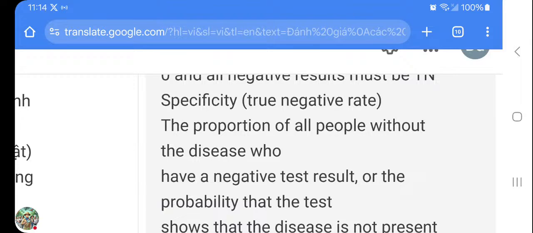Or we can just think about specificity, which is what we talk about in the second column of the 2 by 2 table, so square number 2 and square number 4.